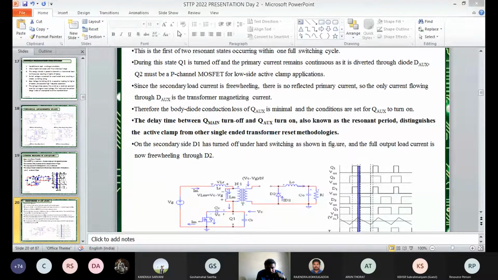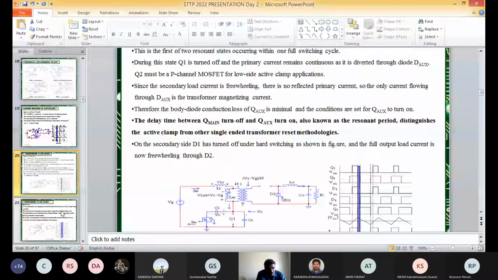The resonant condition is the delay time between the turning off of the main MOSFET Q1 and the turning on of Q2. This delay between the turning off of Q1 and the turning on of Q2 is called the resonant period. During this period the body diode is conducting, and CR and the inductance LR are in the resonant condition. That's why it is called the resonant period.